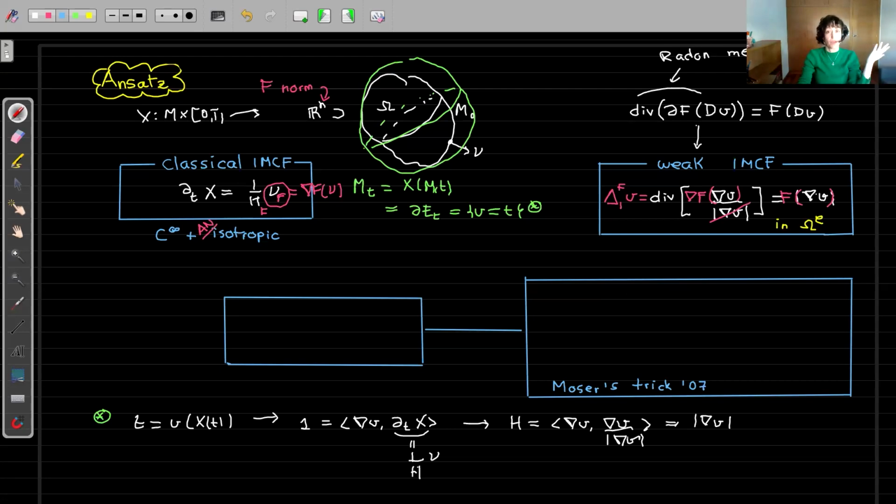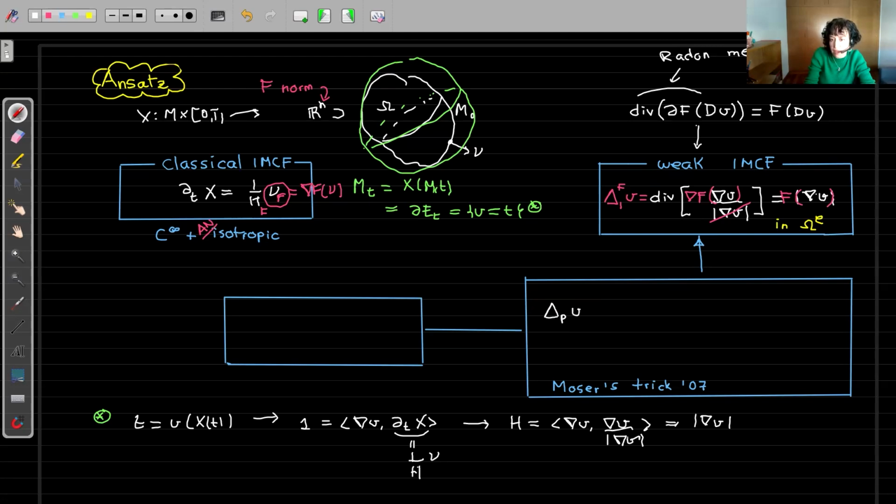But in principle, we have no idea, right? So what is deserving the name of an isotropic inverse mean curvature flow will be what comes as the limit. So here you have a 1-Laplacian, and you will approximate that by some kind of related p-Laplacian equation.